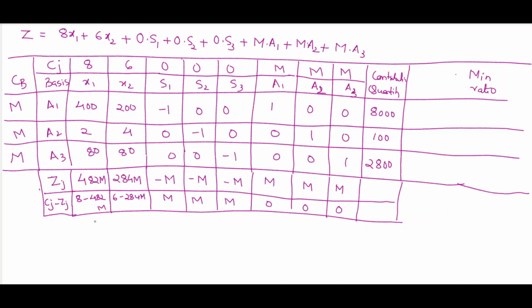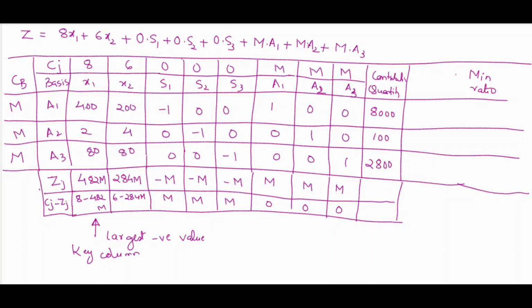So this is our key column. The rule is that for a minimization problem, the key column is the one with the largest negative value.